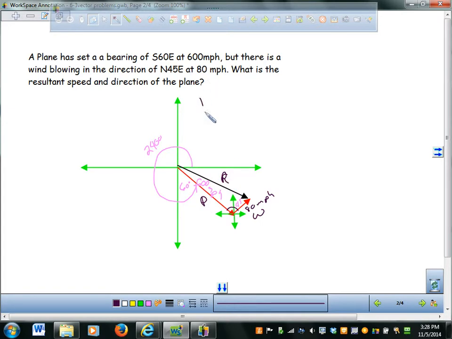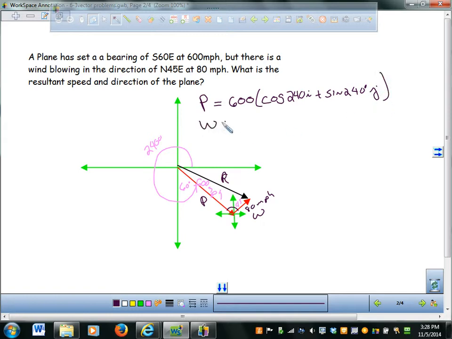So vector p, and we'll call those all p's, p is equal to the magnitude, which is 600, times, in trig form, cosine of this angle, 240 degrees, okay? So cosine of 240 degrees in the i direction plus sine of 240 degrees in the j direction. So that's the plane speed.